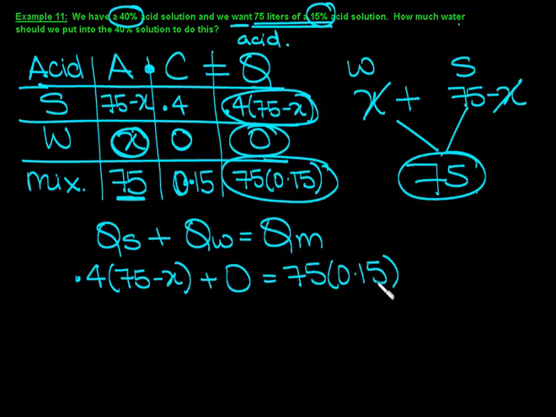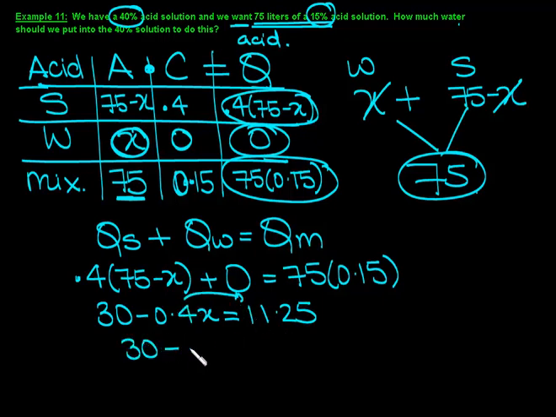And now it's just a matter of getting rid of the parentheses and solving. Nothing fancy or anything like that. So we get 30 minus 0.4x is equal to, when we multiply 75 times 0.15, 11.25. Okay, so let's solve for x. Move this to the other side, move that here.